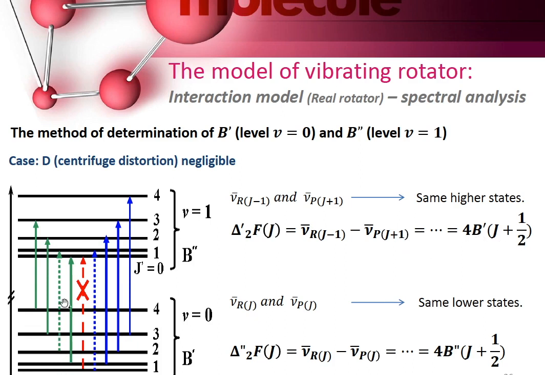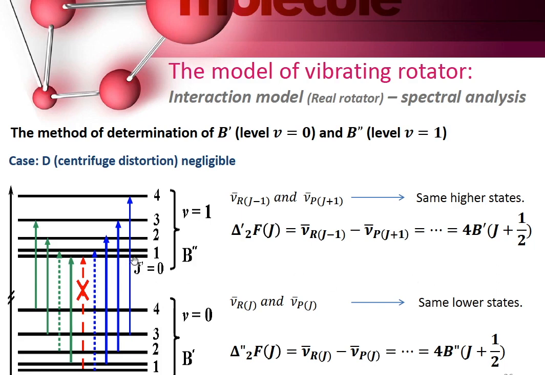Why? Because they end up on the same level of rotational energy, where the spectral term was B second, and when we make the difference, it's going to just show up between these two rotational energies, which correspond to a spectral term B prime.